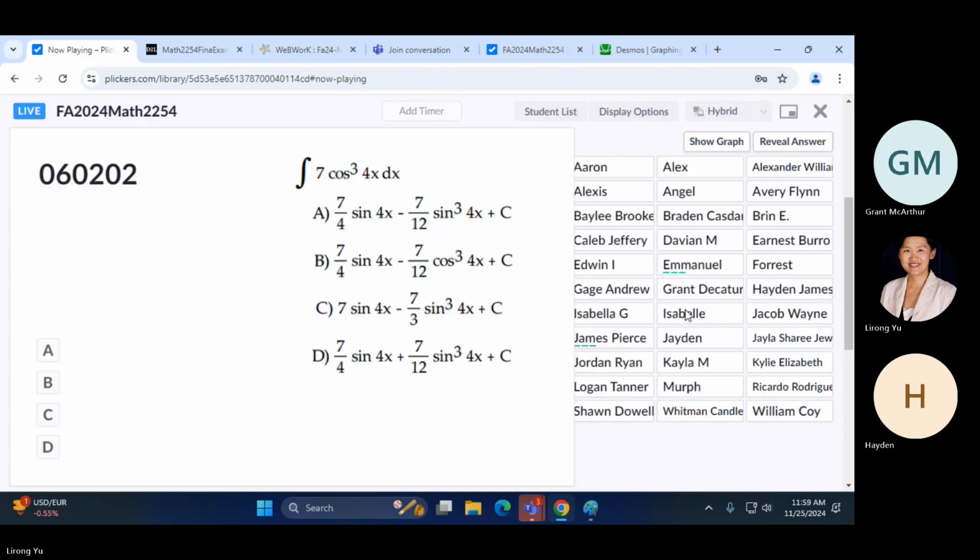This one. Right, let's try this one. It's a trig integration with cosine cube. Remember, this one can be solved with substitution.